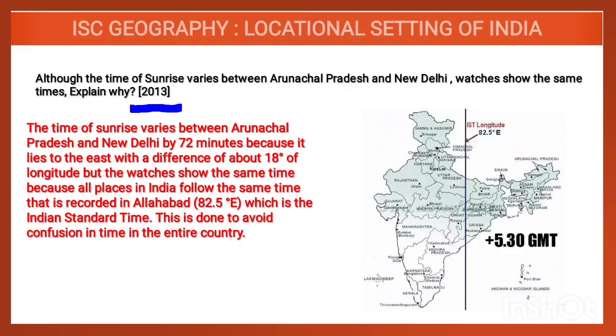That's why watches show the same time in all places of our India. Why do we consider 82 degrees 30 minutes as the standard meridian? Because there are different local time zones in our India. That's why, to avoid confusion in time in the entire country, we consider 82 degrees 30 minutes as the standard meridian.